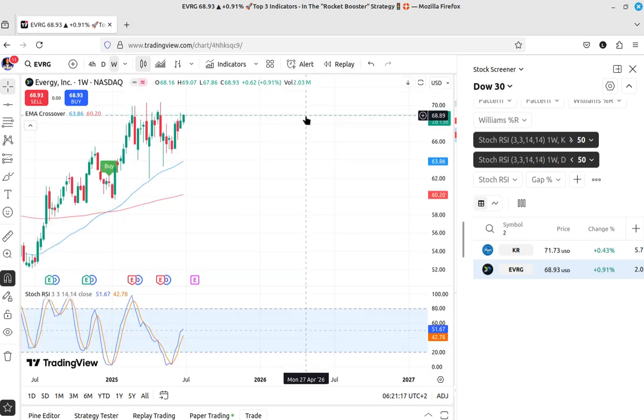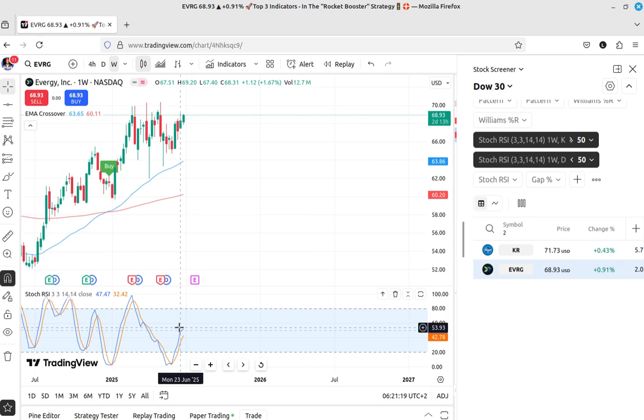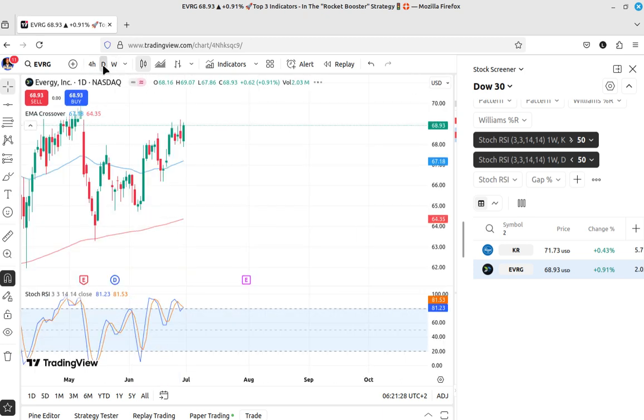So basically it was a reversal, but I was waiting for the blue line to cross above the 50 line, while the slow line is below that to confirm the uptrend. And not only that, I wanted both moving averages to be above the 50 line here.